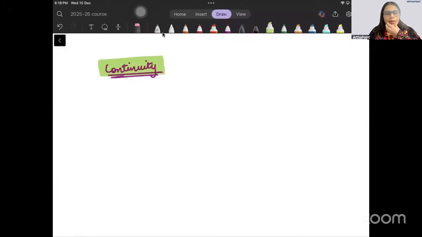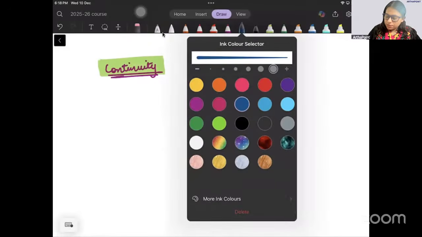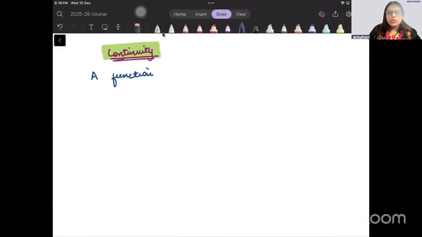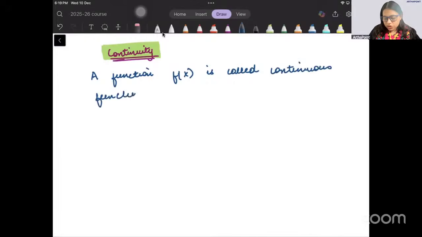Continuity. Now, a function, first I will give you the definition. A function f(x) is called a continuous function, in general terms, if there is no jump, if there is no break.